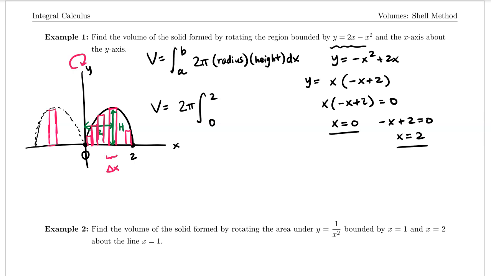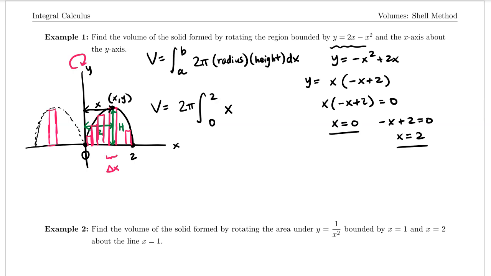And then my radius, I kind of blocked it with these pink rectangles, but our radius is the distance from my axis of rotation to an arbitrary shell, and that is just x, because here we're thinking of this ordered pair as x comma y. The distance from our axis of rotation to this ordered pair is x, and so that's my radius.